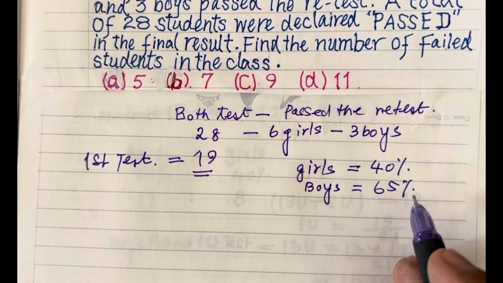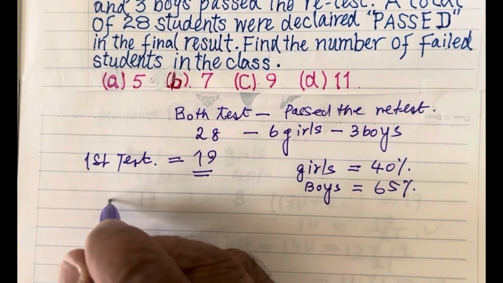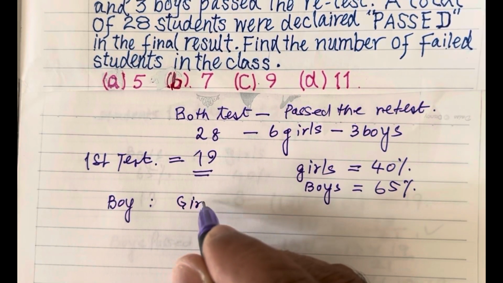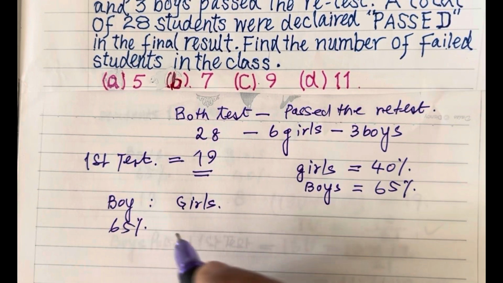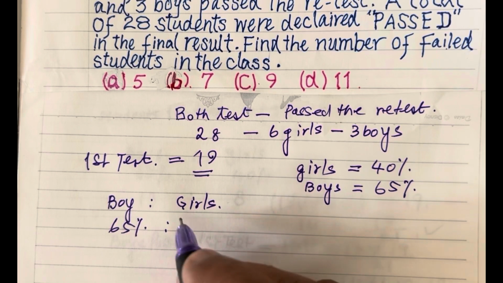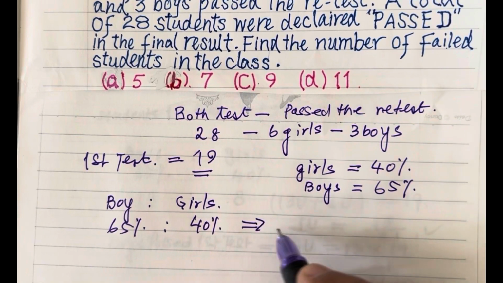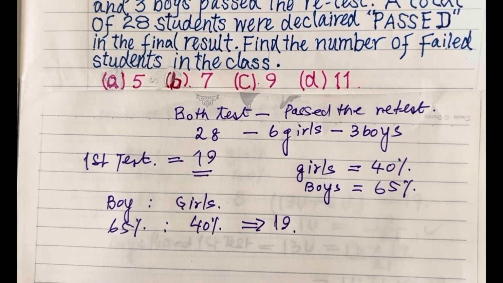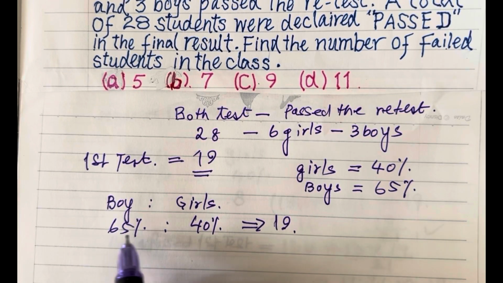So from these two pieces of information, we can find out the ratio of boys and girls who passed the first test. So the boys to girls who passed the first test, the ratio is 65% to 40%. And they are equal to 19 students. The total students passed are 19. So from this we can change the percentage into fraction.